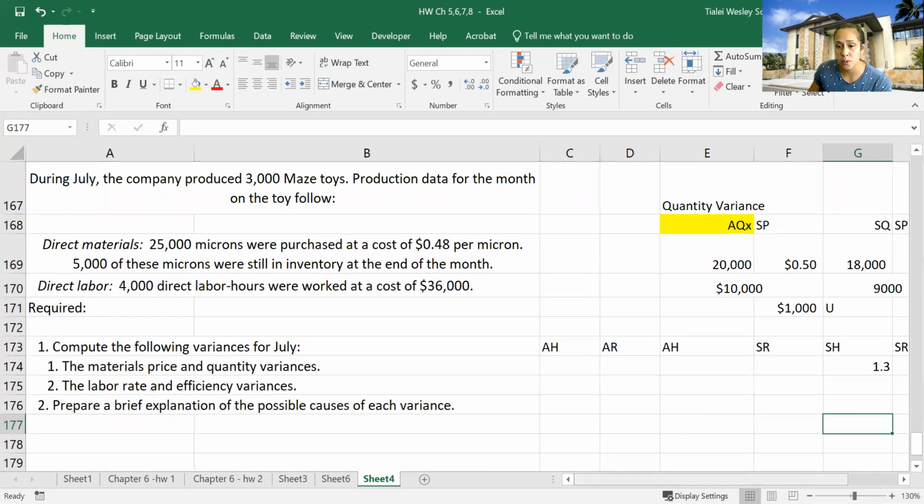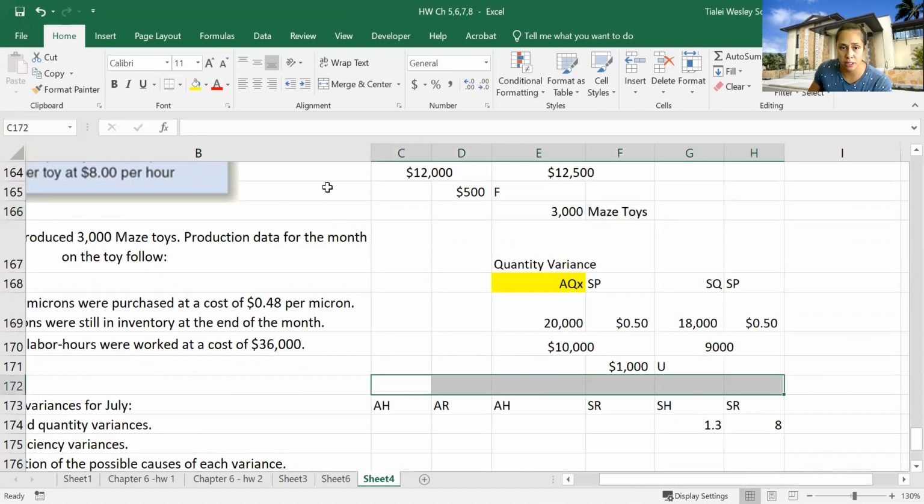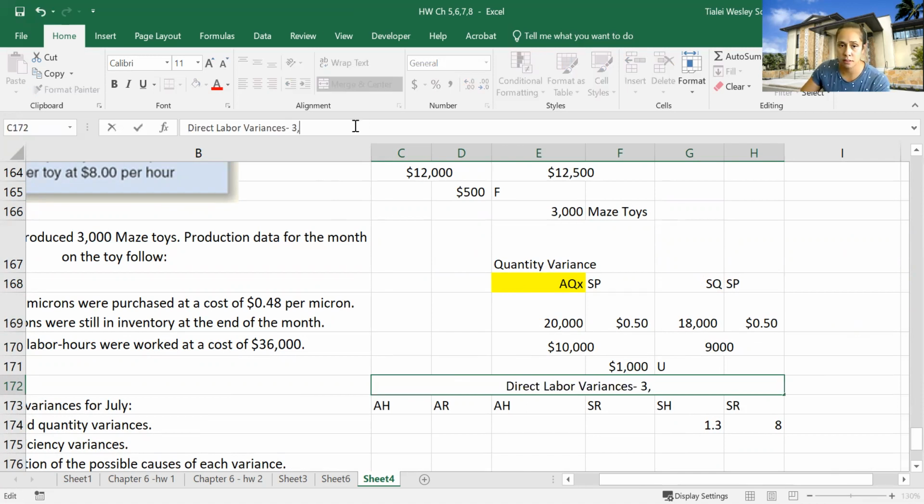Remember, we're still making those 3,000 maize toys. So these are our direct labor. And I'll merge this, okay? And based on 3,000.